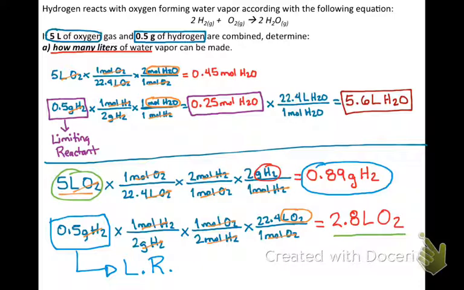And all the calculations you will do with this problem from here on should be done starting with the 0.5 grams of hydrogen. Now let's go to part B to calculate how many grams of the excess reactant that we already know is oxygen will be left.